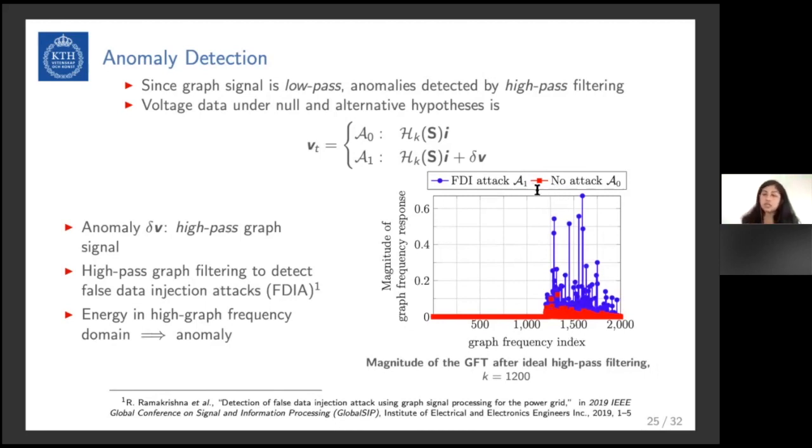So when there is no attack or no anomaly, the energy in the higher graph frequencies, let's say after k equal to 1200, is low. As opposed to when there is an anomaly, you can see that the energy there has increased quite a bit. And this change is what we utilize to detect false data injection attacks.